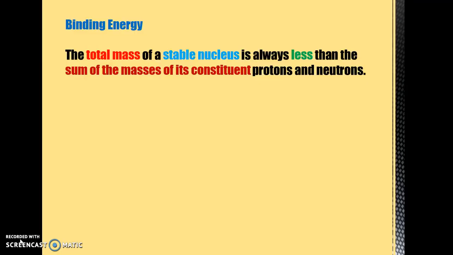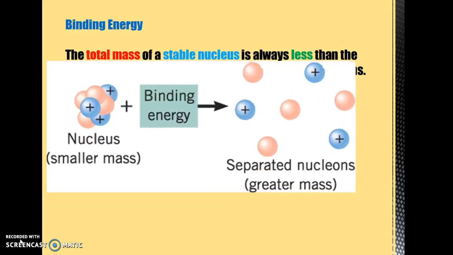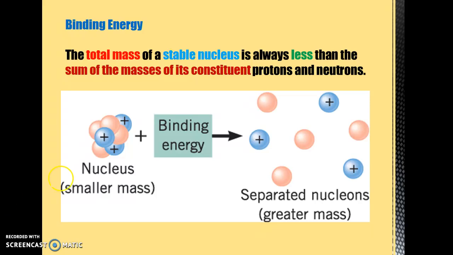So what I've just said: the total mass of a stable nucleus is always less than the sum of its constituent parts, which are nucleons, otherwise known as protons and neutrons. If we look at this nucleus on the left, it might be a lithium nucleus because it has 3 protons and 4 neutrons.